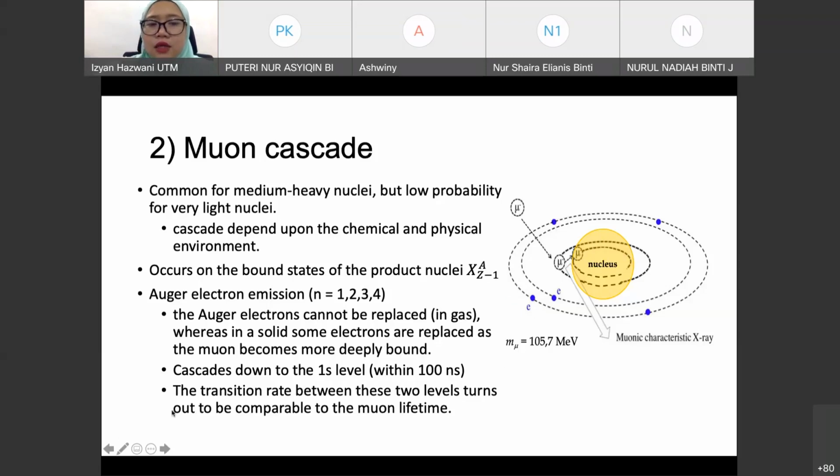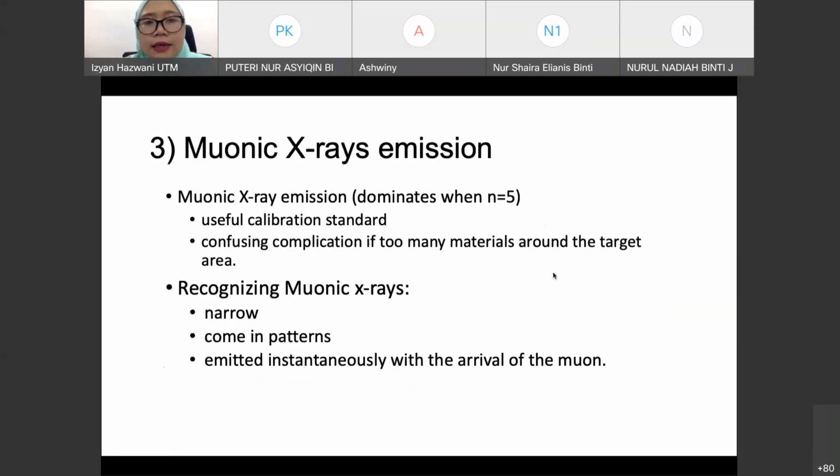The transition rate between one level and another gives some value for the negative muon lifetime. Every time the muon changes this transition, it gives some value for the muon lifetime. So we call this the partial muon lifetime. After Auger electron emission, we have muonic X-ray emission.